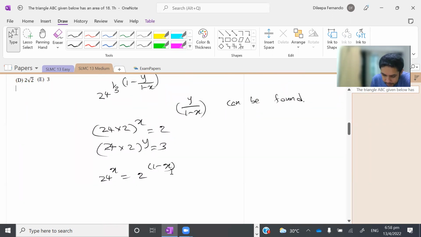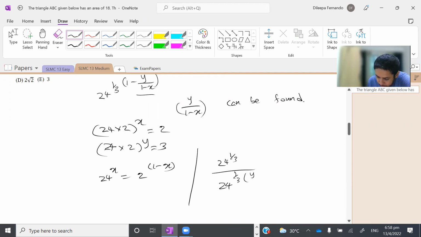And again, we just need to find this part only. So that means 24 to the power 1 over 3 divided by 24 to the power 1 over 3. Okay, so this is what we need to find. Shall we try to find 24 to the power y over 1 minus x?